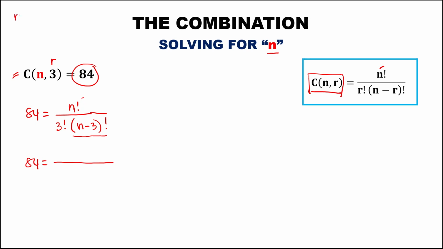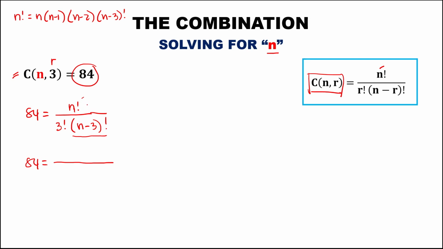Since n factorial is equal to n times n minus 1 times n minus 2 times n minus 3 factorial, we need to eliminate this n minus 3 quantity factorial.